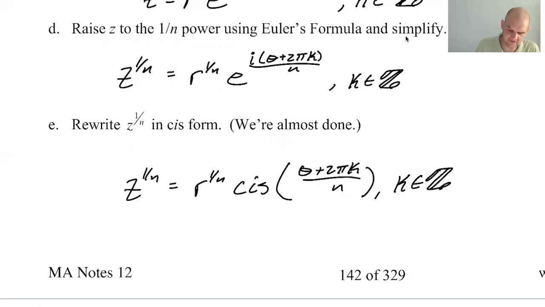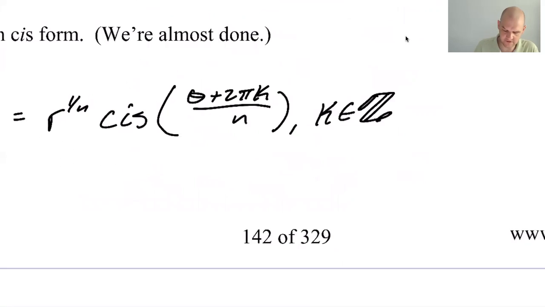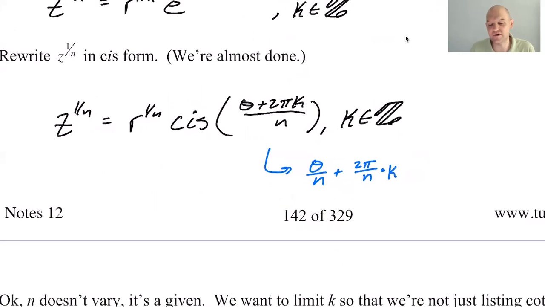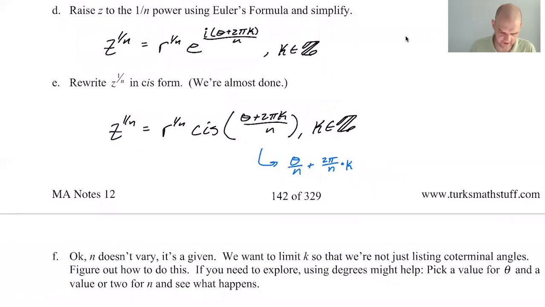But it's really convenient to think of this also as theta over n plus 2 pi over n times k. That's why they're evenly distributed around a unit circle, because if n is 3, then you're doing 2 pi over 3, and then you just count by k, and you'll have 2 pi over 3 in between them every time. So however you want to do that.